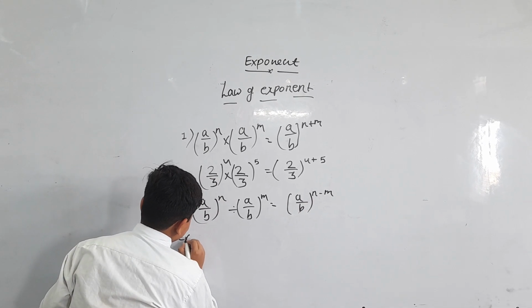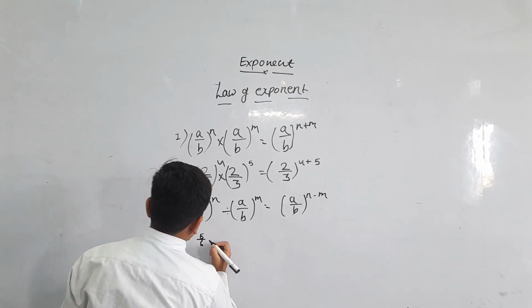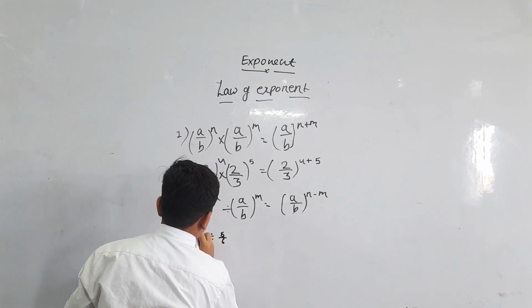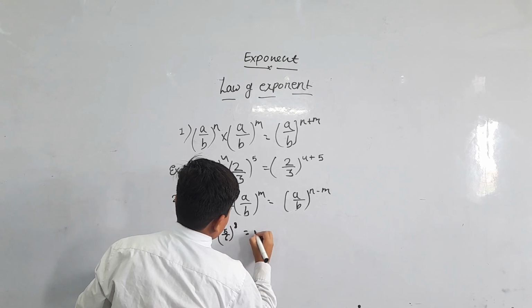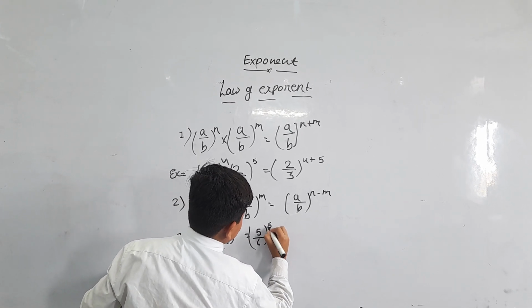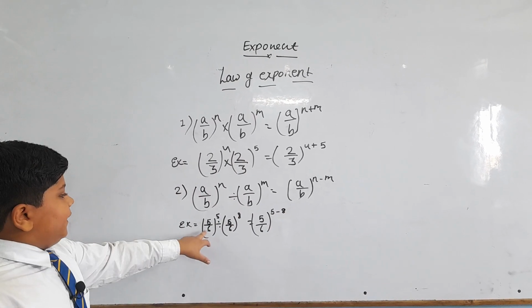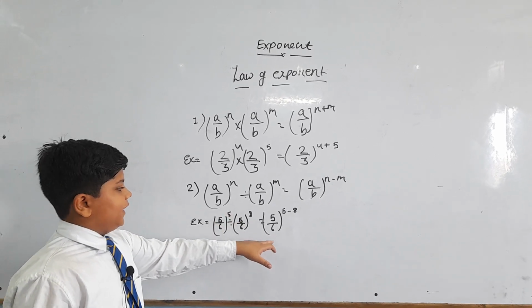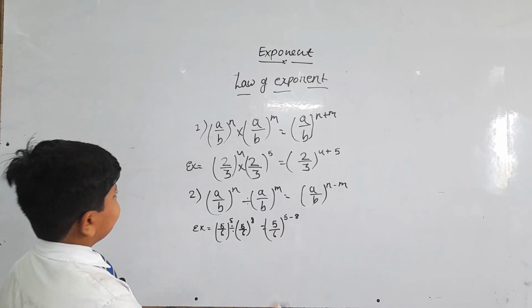For example, we see that the base is the same, the sign is divide and the power is different, we write the base common and the power will be subtracted.